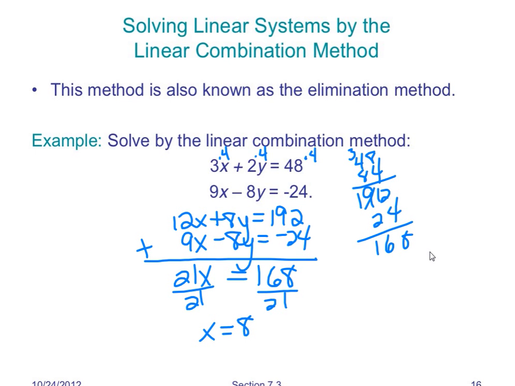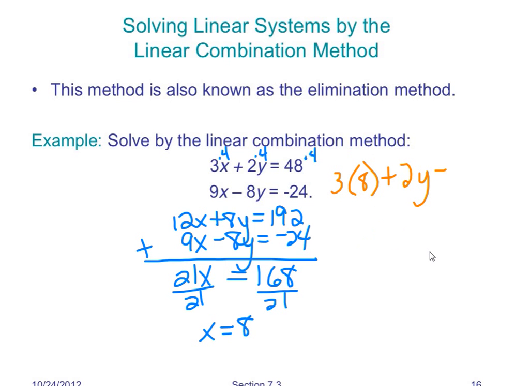Once I find my x value, I need to find my y value. So again, I'm going to take my x and plug it into one of the top equations, it doesn't matter which. I will probably plug it into the top equation, it has smaller numbers and no negatives. So I have 3 times 8 plus 2y equals 48. 3 times 8 is 24.